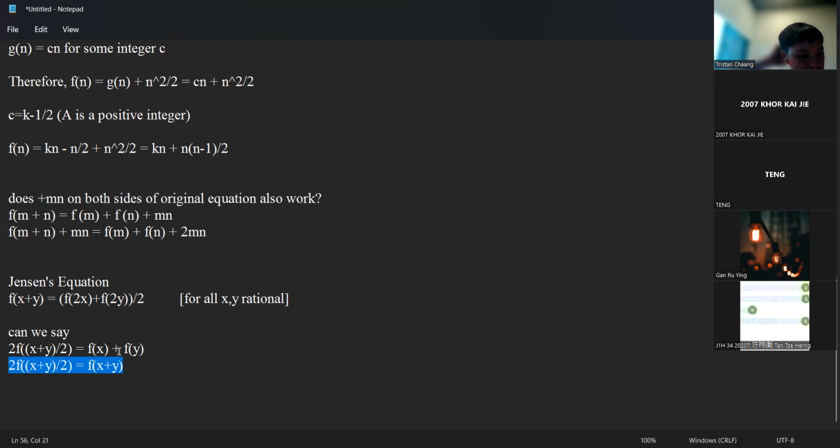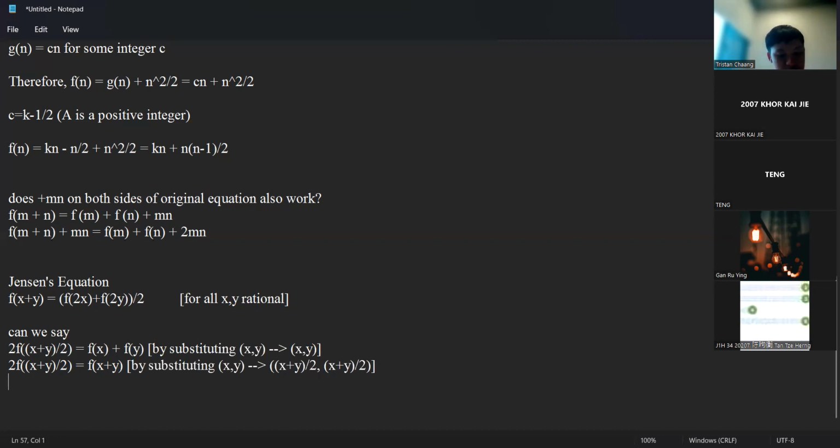Which is correct. Yes, so that's a clever substitution. So this is by substituting x and y. And then the second one is by substituting x and y as x plus y over 2, x plus y over 2.